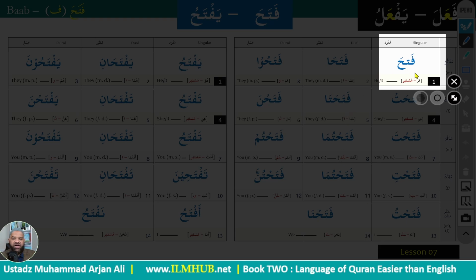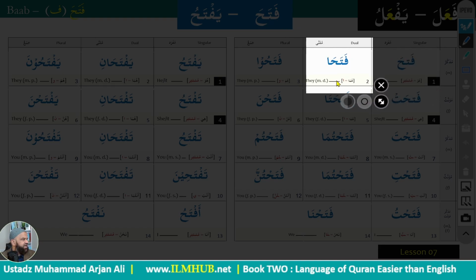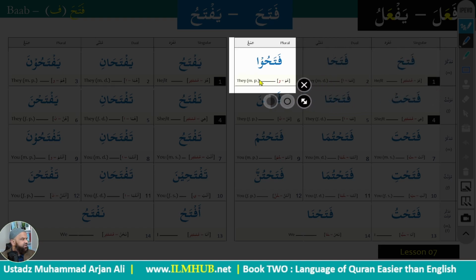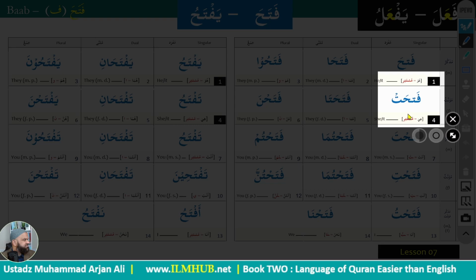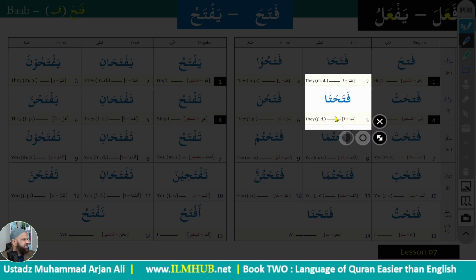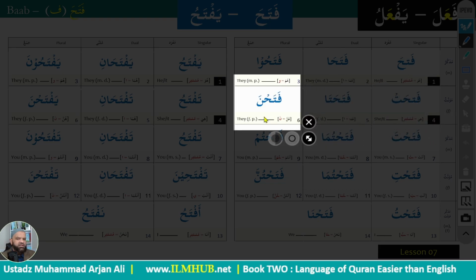So we have fataha. First scale, fataha, siga number 1. Fataha for dual. Fatahu. So it's fataha, fataha, fatahu. Fatahat. Fatahata. Fatahna.